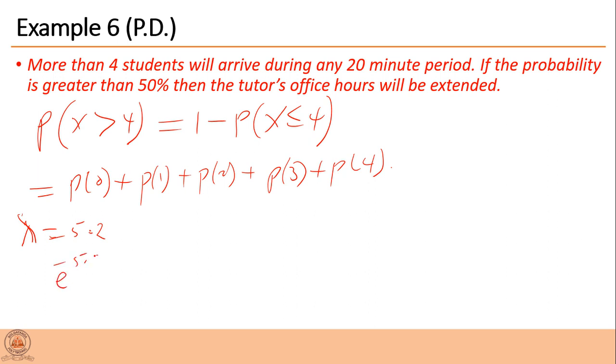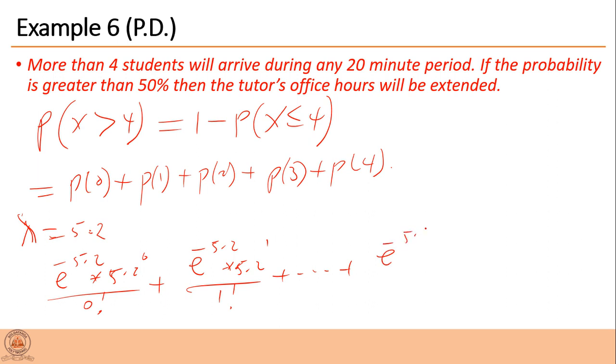We have e to the negative 5.2 times 5.2 to the power 0 over 0 factorial, plus e to the negative 5.2 times 5.2 to the power 1 over 1 factorial, up to 4 factorial. We're going to do this for each of them.